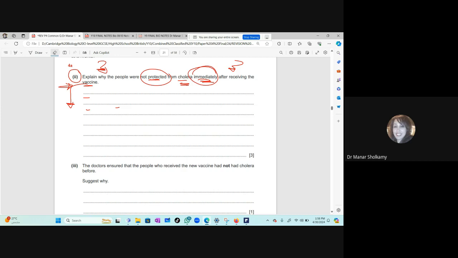Remember when I told you, change the title in your notes, and the title was what happens to your body when an antigen enters, and the same answer you will write for what happens in your body when you take a vaccine, because the vaccine is an antigen, but it's just an artificial one. It's just a weaker one. Are you all with me? Yes. So please, the vaccine is very important. It's really, really common.